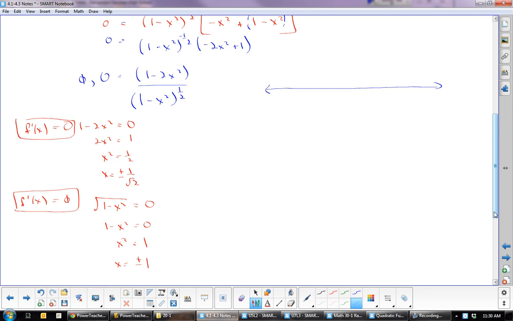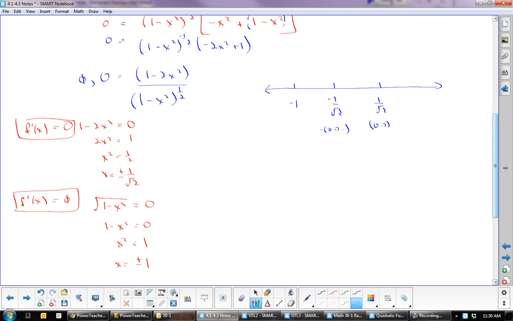It's 0.7, right? So we've got negative 1 over root 2, and that's about 0.7, and then 1 over root 2, which would be 0.7, right? I need that because I have to pick numbers in between.